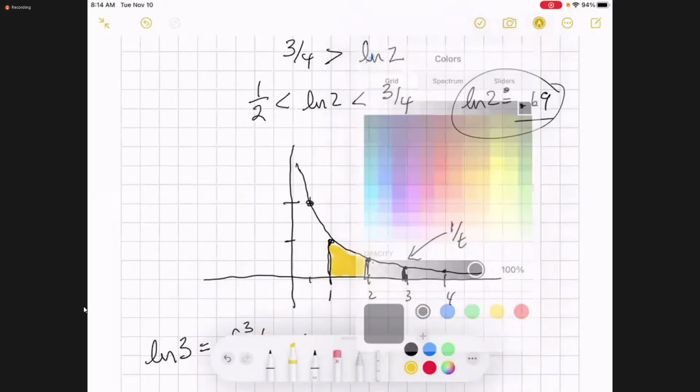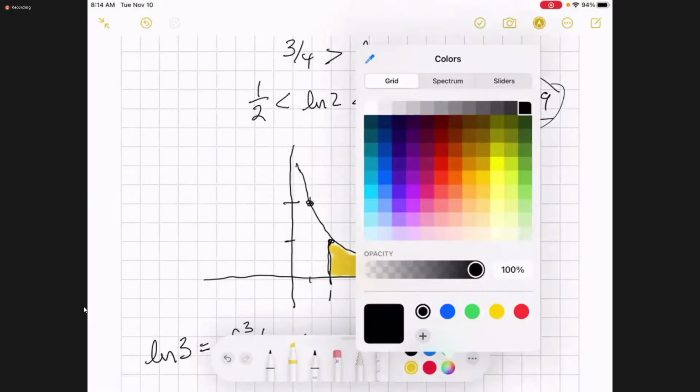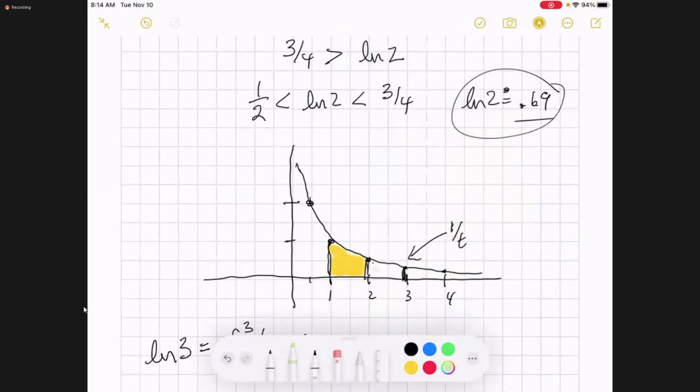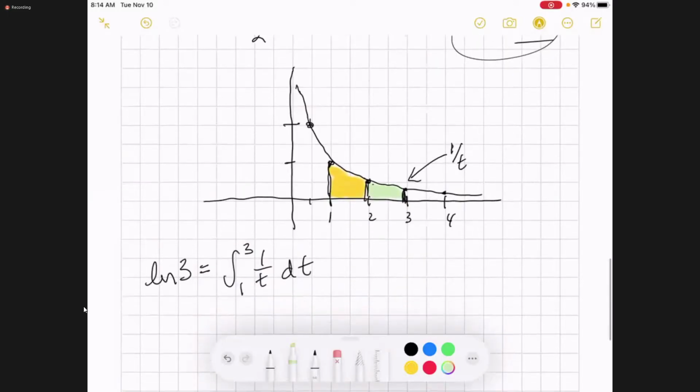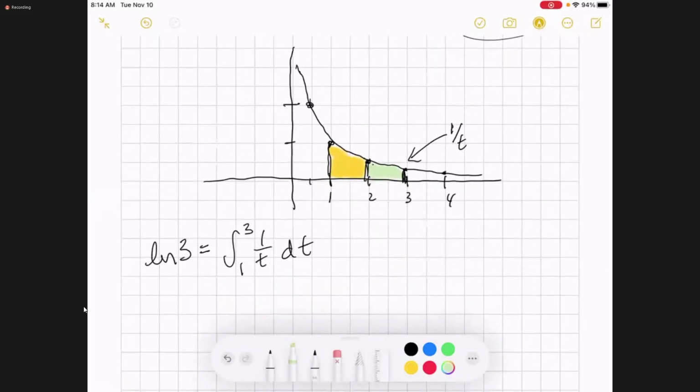I'm going to color it this color. So ln of 3 would be the yellow plus this little green region. Well, I don't know exactly what ln of 3 is equal to, but I do know that ln of 2 must be smaller than ln of 3.